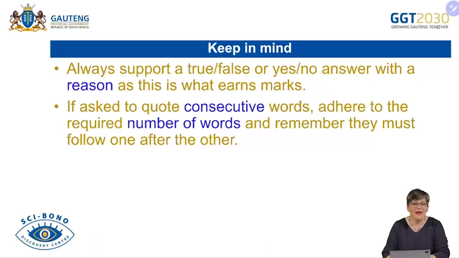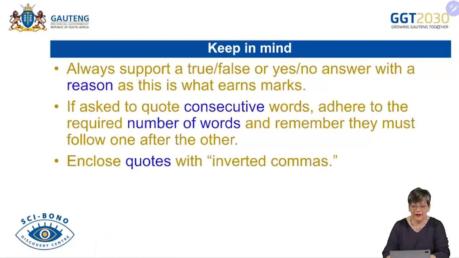They will tell you exactly how many consecutive words are required, so you have to make sure you quote the right number. If a question requires you to quote and it's said very specifically, quote, remember to include those inverted commas.